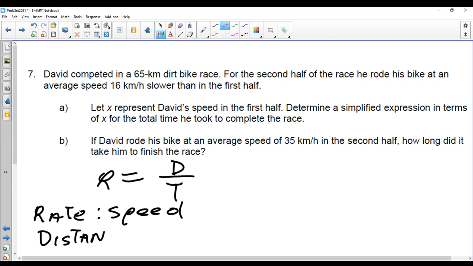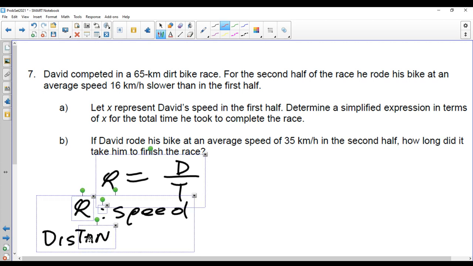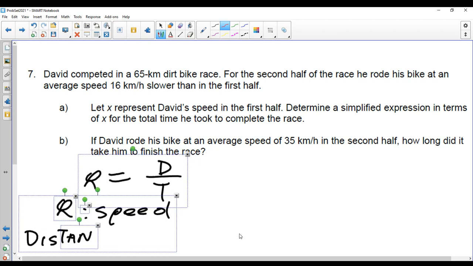R is the speed or rate. D is the distance. I just want to make sure you understand what each thing represents. One second. Oh, all right. I'll just erase it.